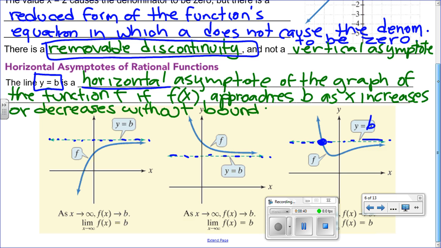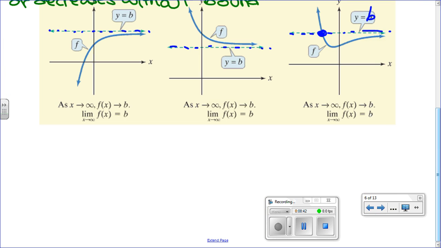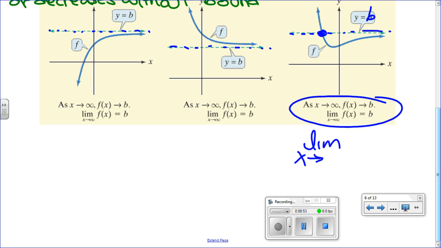Vertical asymptotes will never be crossed. Also making the connection to calculus, we have here that arrow notation. It could also be translated to the word limit. So as x approaches infinity, the function value is approaching, in this case, the asymptote value, which will be the letter b. So this concludes the video 2.6 part B.